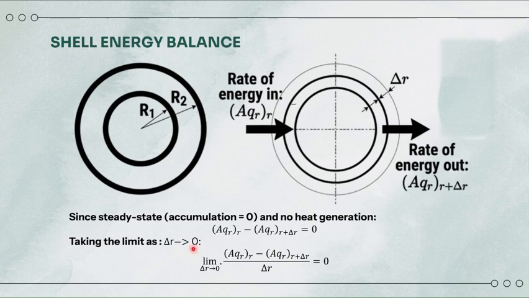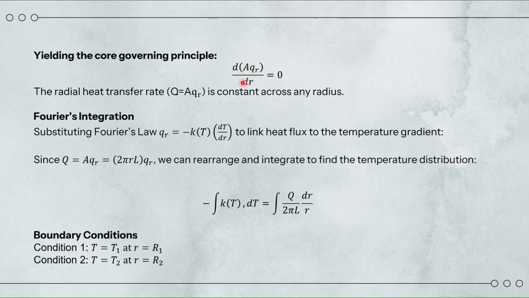Taking the limit as delta r tending to 0, after we divide both sides by delta r, we will have this expression. Applying the definition of derivative, we arrive at d(A q_r)/dr equal to 0. The radial heat transfer Q_r is constant across any radius. So even though heat flux changes, the total heat flow remains constant across all radii.